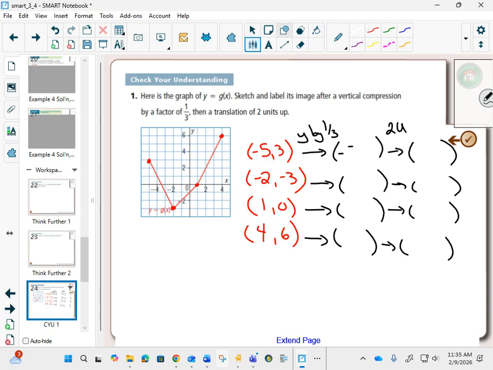My x values don't change here, so I can just rewrite all of them. And my y values are multiplied by thirds. This is 1, -1, still be 0, and this will be +2. Then I'll go 2 units up, so my x values don't change again.